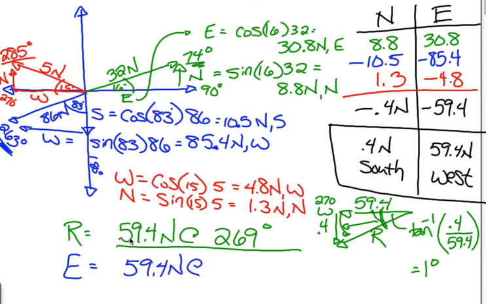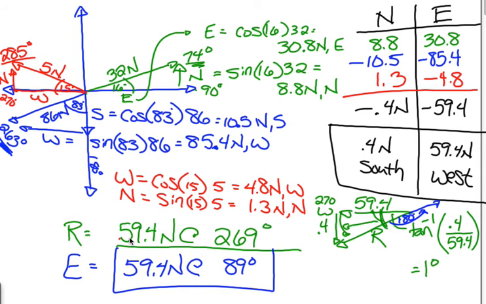And if they're pulling at 269, I want to pull the opposite way. How many degrees is it in a straight line? 180. So did I get 180 bigger or 180 smaller? Smaller. 180 smaller, so that's going to give me 89 degrees.